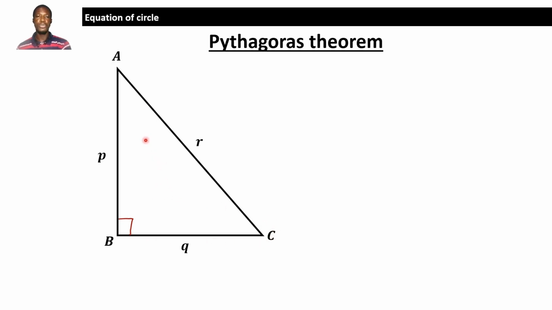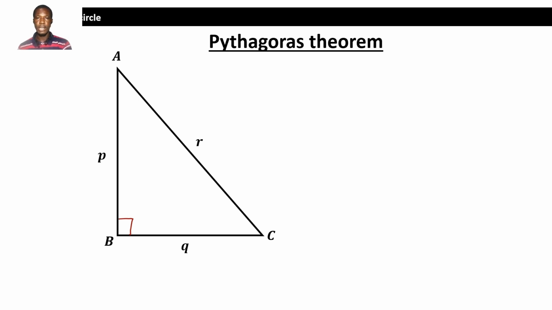And then let's assume that the distance between AB is P and the distance between AC is R, and also the distance between BC is Q. Now Pythagoras theorem says that for a right angle triangle, if you take the two shorter sides, in this case side AB and side BC, and then you square each of them and sum them, the result you get will be equal to the longer side squared.